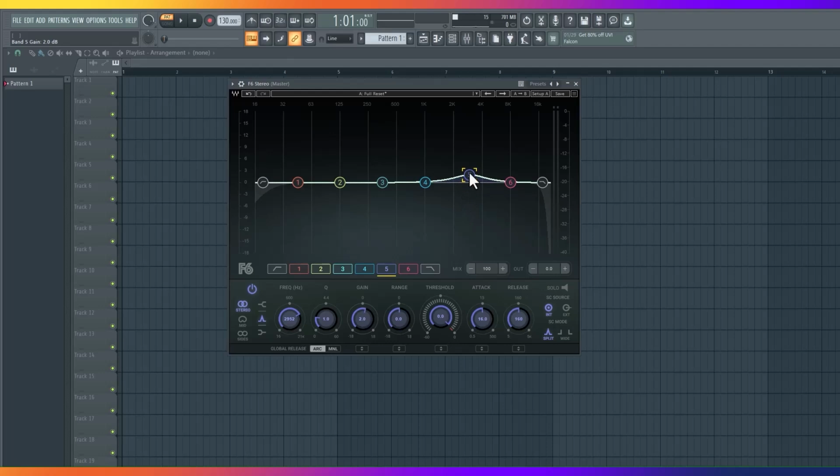Most times we use these EQs if it's a surgical problem you are fixing, let's say you are de-essing, and you don't want to just take it off like this. I'm just demonstrating some of the techniques I use dynamic EQ to do.